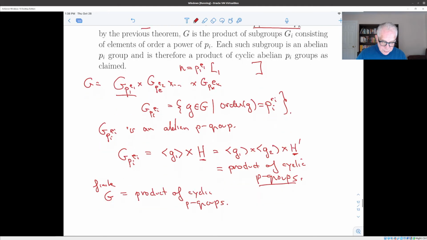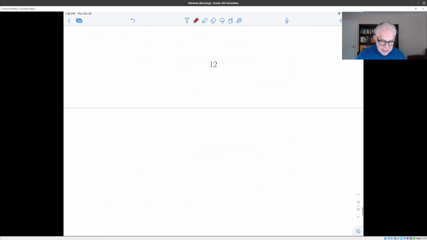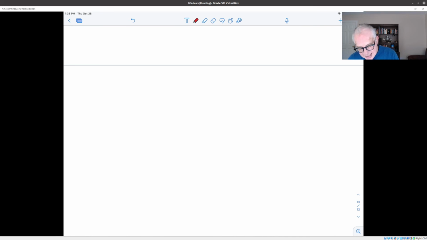Let me conclude with a brief remark about finitely generated groups. At the very beginning of this section, I talked about what a finitely generated group was as opposed to a finite group. And I gave the example that a finitely generated group is like Z^n. So there is a stronger theorem about the classification of finitely generated abelian groups, and I'm just going to state it. Theorem. I'm not going to prove it.